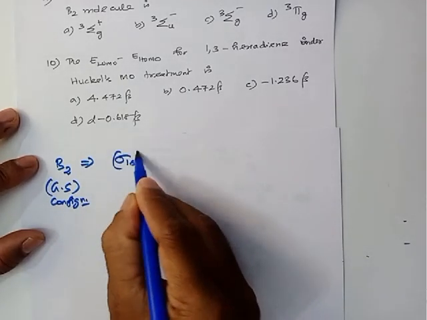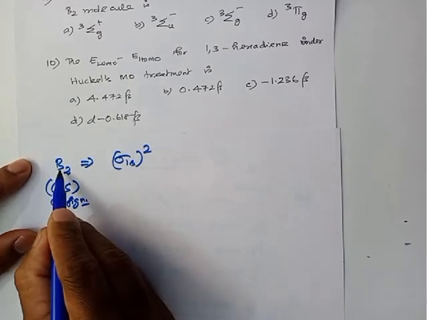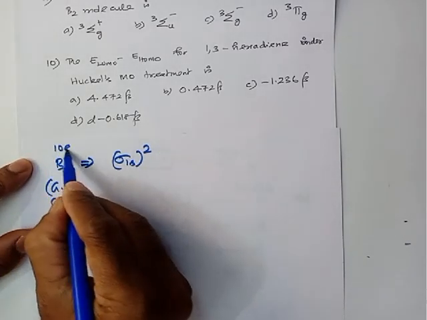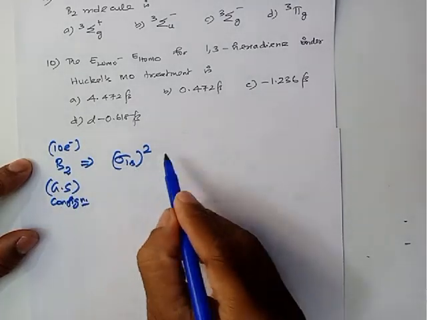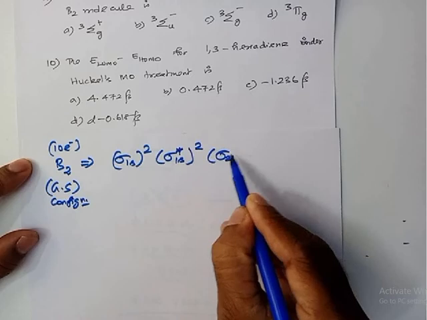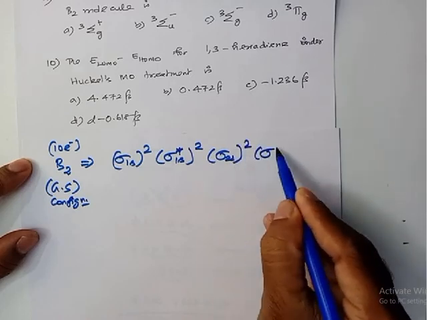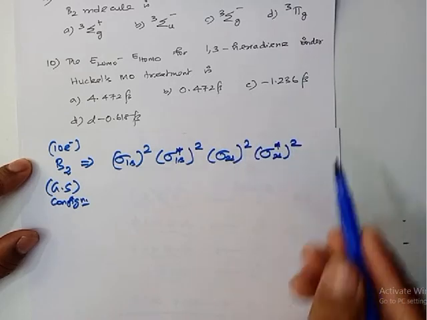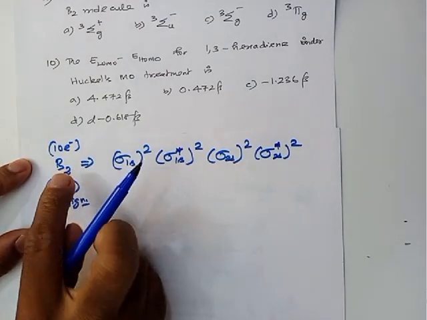Sigma 1s2. Boron atom has 5 electrons, so the boron molecule has 10 electrons total. So sigma 1s2, sigma star 1s2, sigma 2s2, sigma star 2s2.